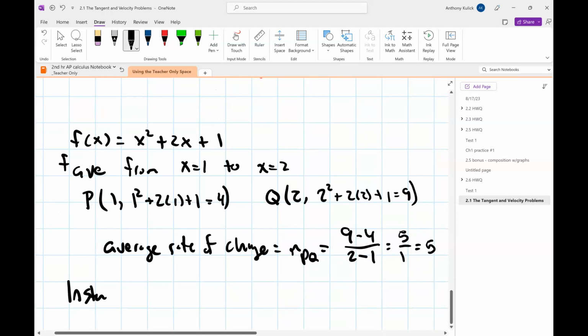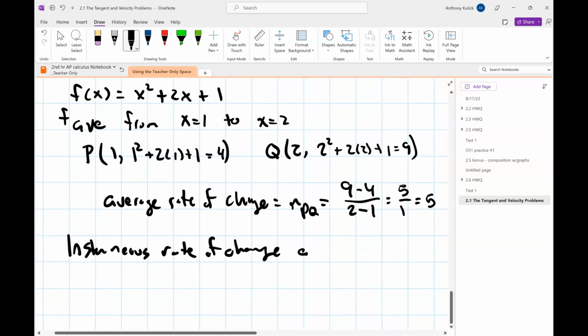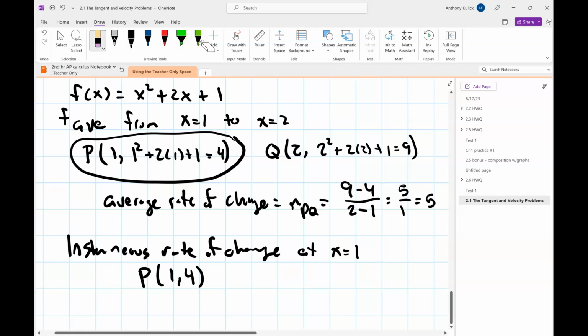The instantaneous rate of change at x equals 1, well, to do that, I have to set up a general secant line. So I know that I have the point (1, 4), just because we found that before. I'm not going to do it again. I'm just going to save myself the effort.